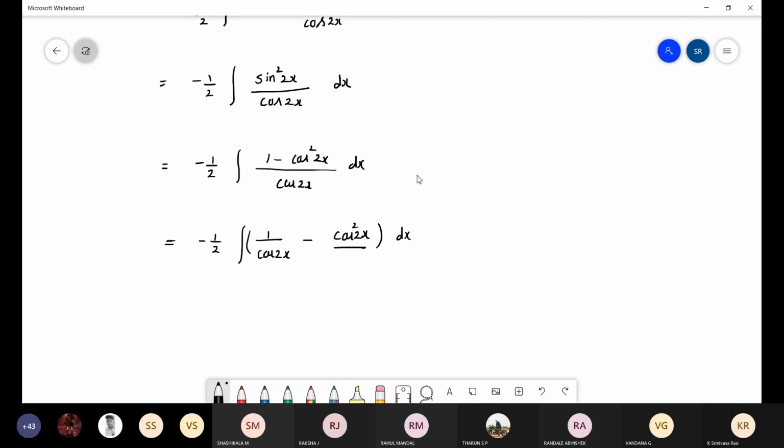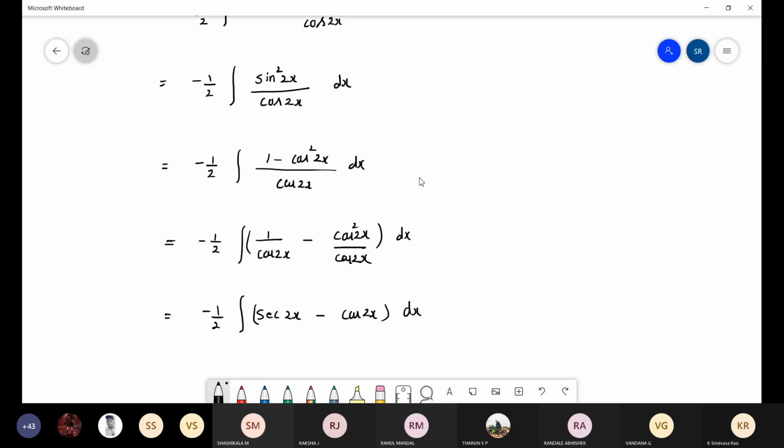This is cos square by cos 2x, no? First step, we will split the denominator. Now this gives minus 1 by 2 into integration of 1 by cos, which is secant 2x, minus cos square by cos, the cos cancels, so you will get cos 2x.